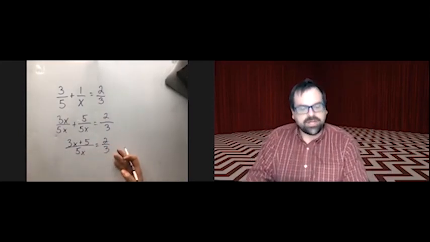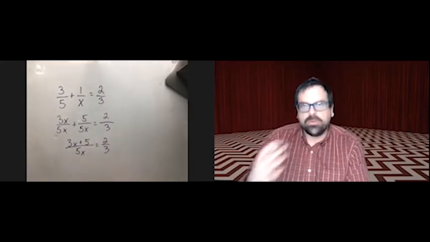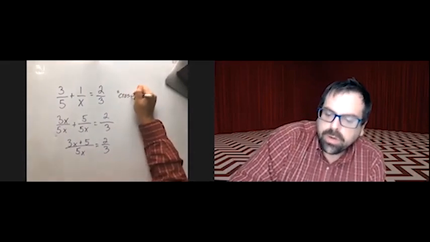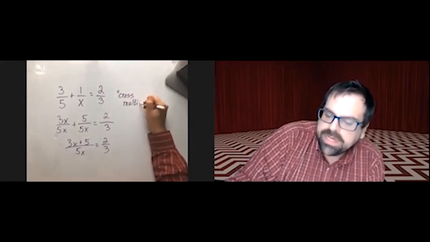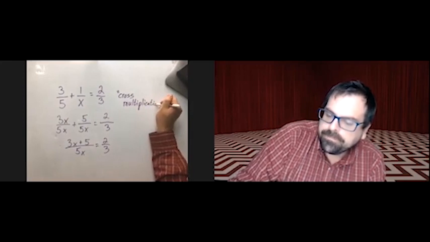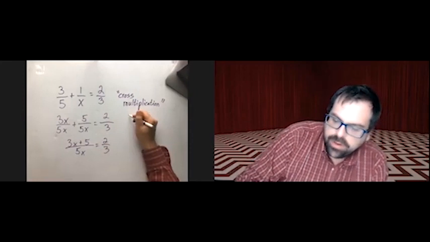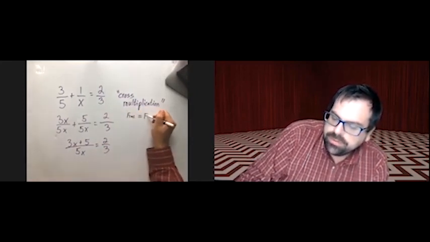Fraction equals fraction. And fraction equals fraction is the only time where we can do something called cross multiply. Cross multiplication can only happen when we have fraction equals fraction.